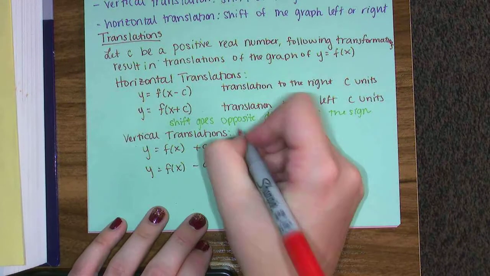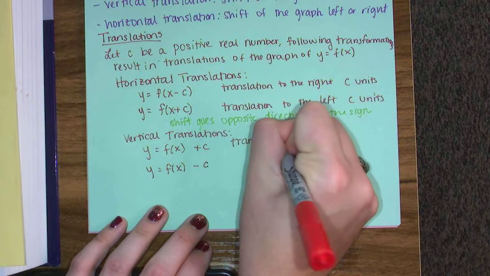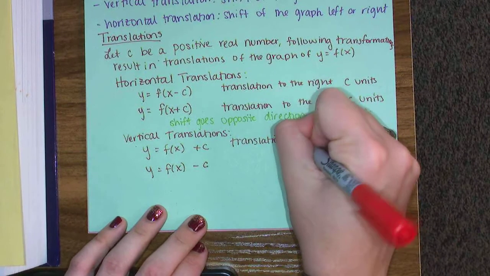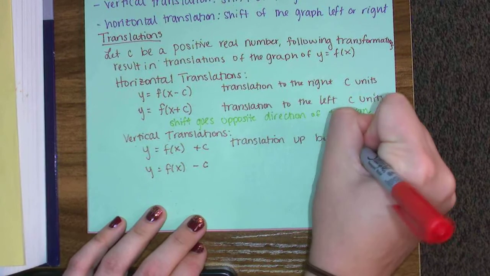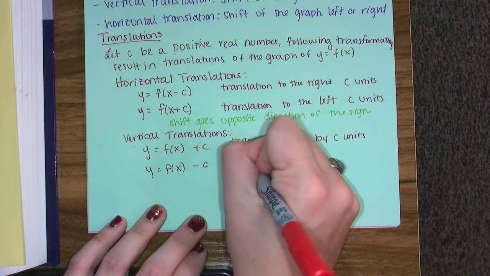The top one is a translation up by c units, and the bottom one is a translation down by c units.